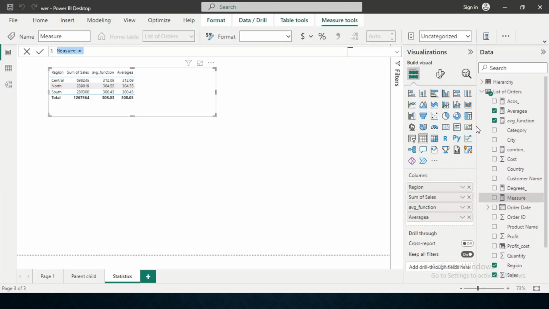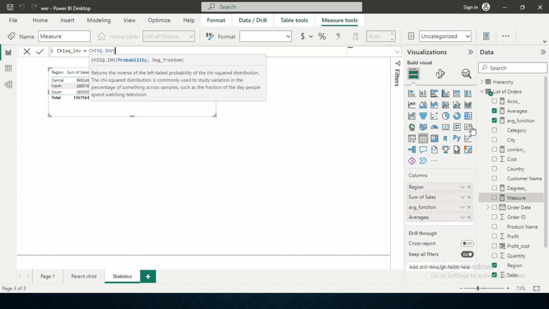So a new measure is created. I'm going to name it chi-square_inverse, which is equal to CHISQ.INV. You can see the complete explanation of this formula coming over here.